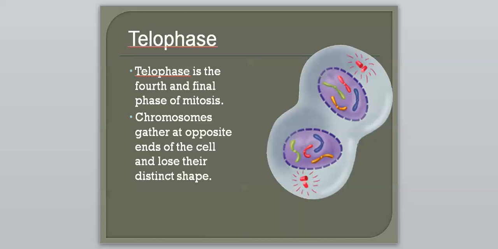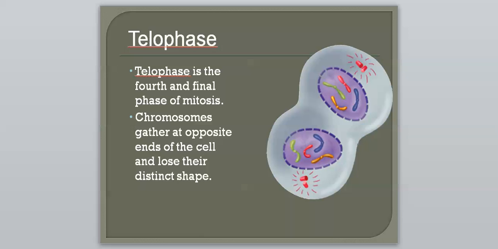And then telophase, our final stage of mitosis. The chromosomes are going to gather at opposite ends of the cell, and they're going to lose their distinct shape. As you can see, the chromosomes have formed in their own little area there, basically getting ready. They've basically formed two cells that are connected at this point.